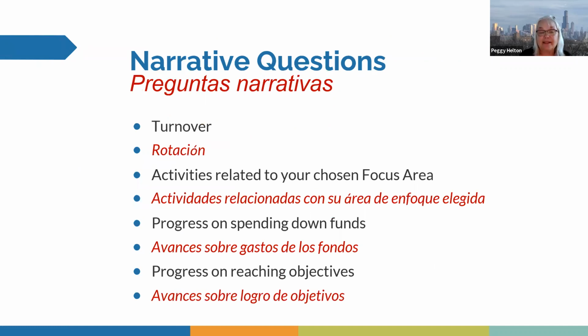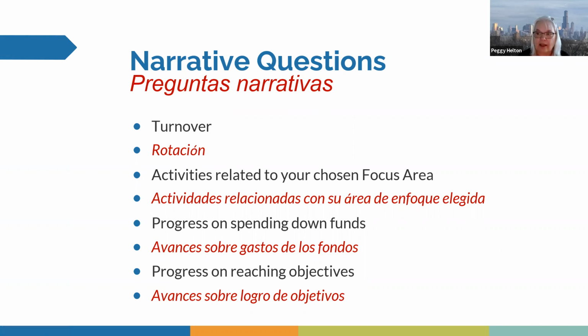And then these are the narrative questions that will be on your quarterly report. So we'll ask you about turnover, if you've had any turnover of grant funded staff or in key positions. It'll ask you to give us a summary of your activities related to your chosen focus area.